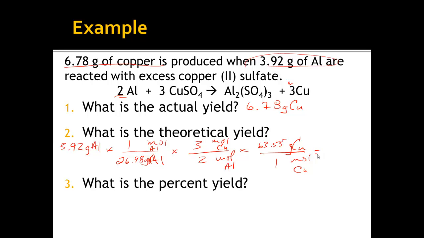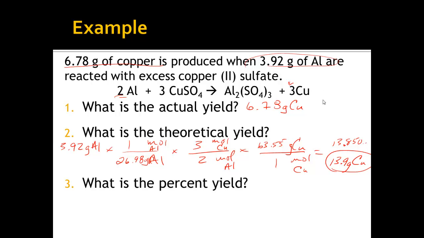I do my calculations, and I get 13.850 and some more numbers. I rounded for sig figs. It looks like 3 sig figs is it. So 13.9 grams of copper. That's my theoretical yield. Okay, so in a perfect world, if I were to do this experiment, I'd get 13.9 grams of copper.